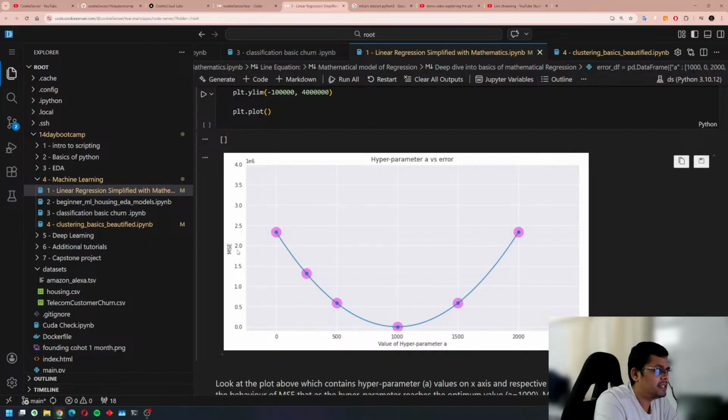This is MSE, mean square error, because we were taking the square and then the mean of it. So error squared, then mean. And because it's a square, of course it's a parabola opening upwards, a concave upwards kind of shape.